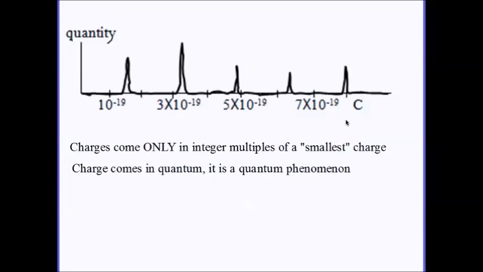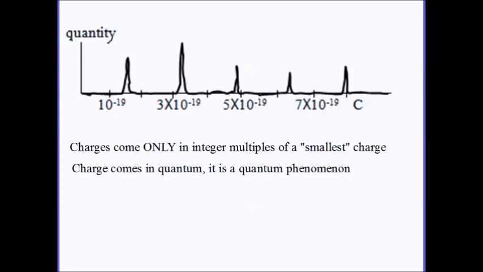Now, if we look further, this value here is between 1 times 10 to the minus 19th and 2 times 10 to the minus 19th. Maybe a little past halfway. This one here is maybe what? 3.2 times 10 to the minus 19th. Maybe 4.8, 6.4, 8. Whoa.